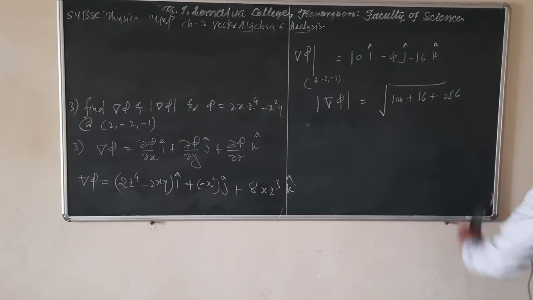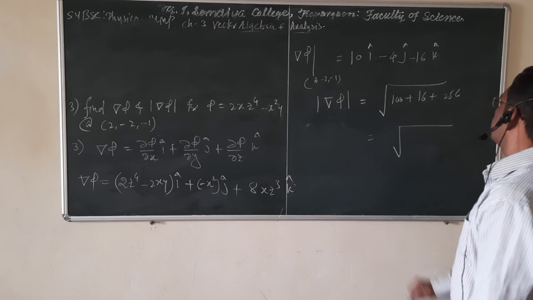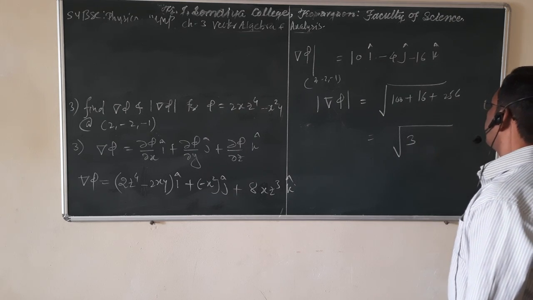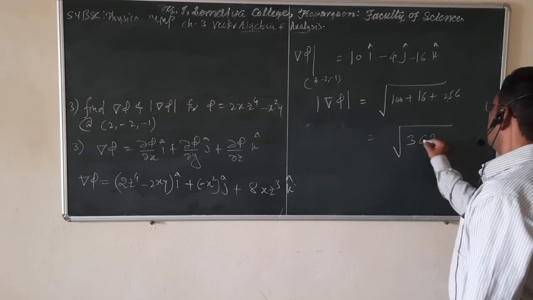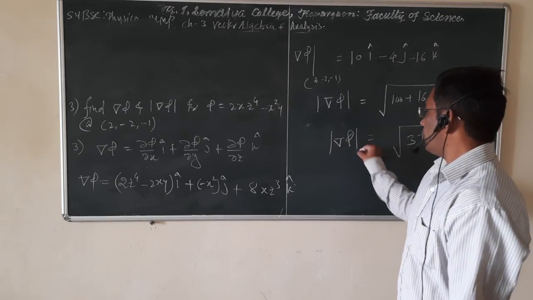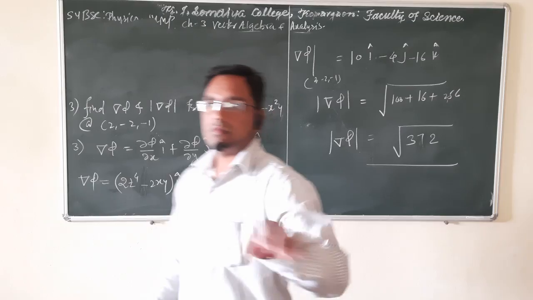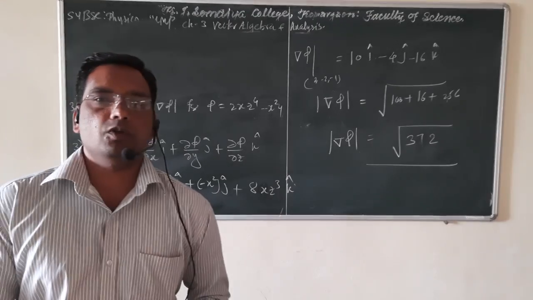If you add all this, 100 plus 16 plus 256, you will get 372. So the magnitude of gradient of phi is square root of 372. With this we finish the problems which are based on gradient. Okay, thank you.